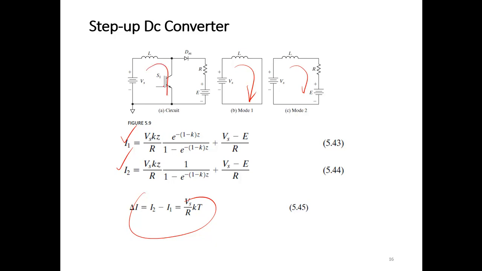You close this switch, and current flows and builds up through the inductor, and energy is stored in the inductor. When you turn off the switch, the inductor energy goes through the diode to your load, and the battery supplies energy to the inductor, transferred to the load resistance. This is the basic concept of a step up conversion.